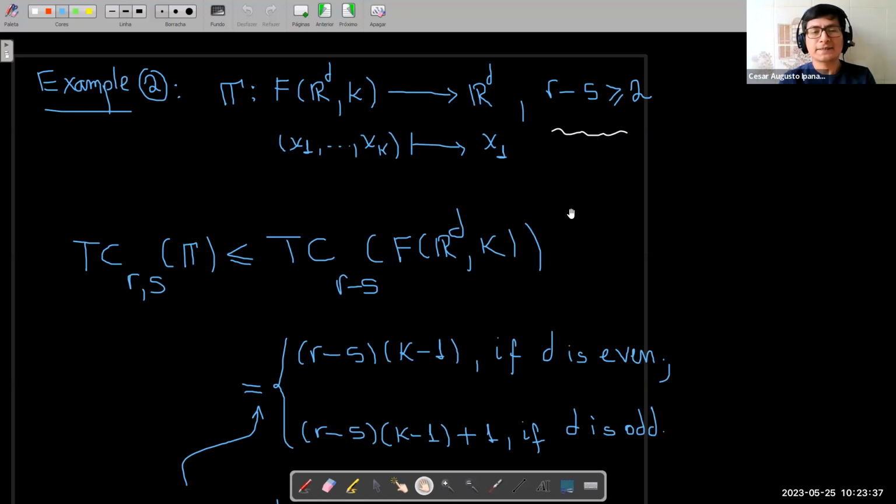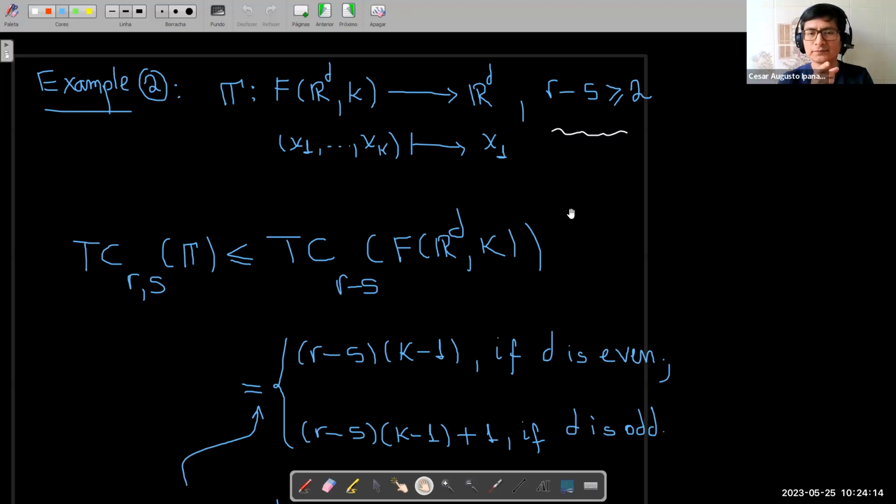But for this higher TC of maps, a natural connection, I am not sure now. I do not have a sure answer for that question now. But I try to compare, in a natural way, this higher TC and the parameterized topological complexity.